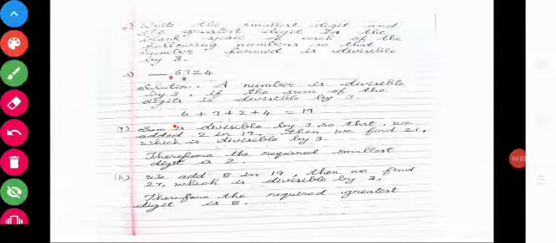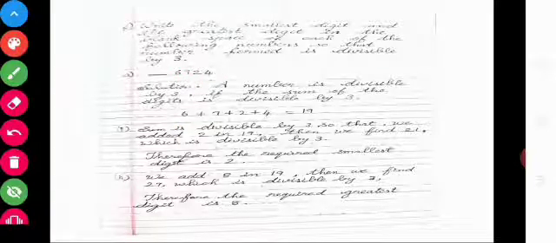Dash 6724. The sum is given. A number is divisible by 3 if the sum of digits is divisible by 3. 6 plus 7 plus 2 plus 4, it is equal to 19. Check if the sum is divisible by 3, so we add 2 to 19. 2 plus 19, it is equal to 21. 7 3s are 21. So it is divisible by 3.